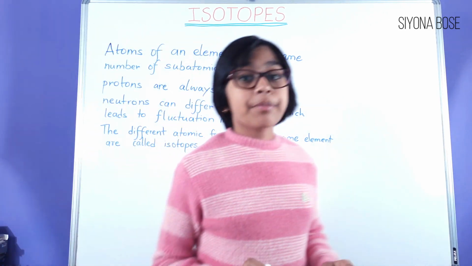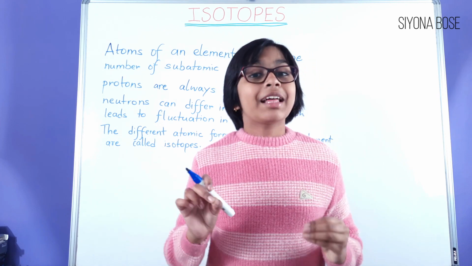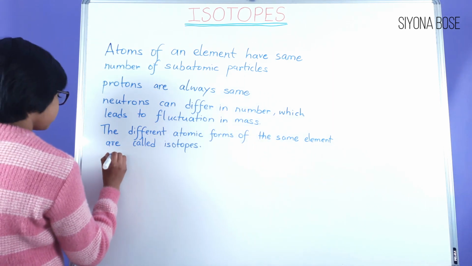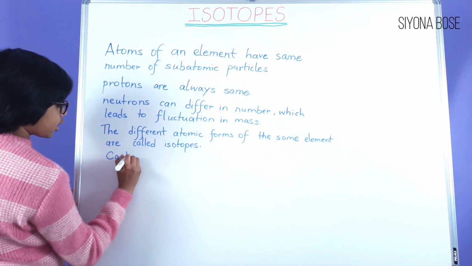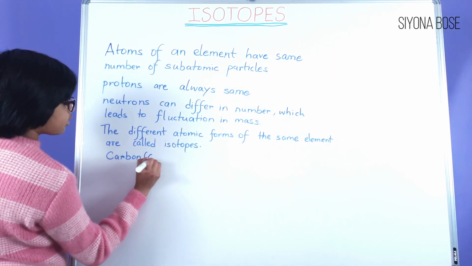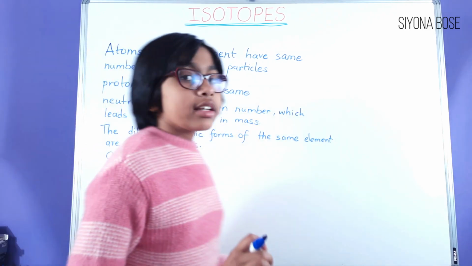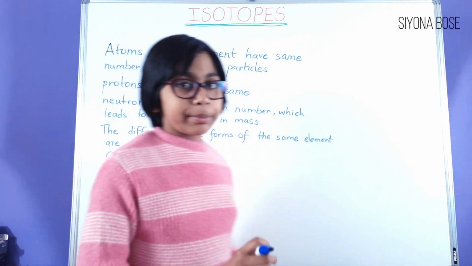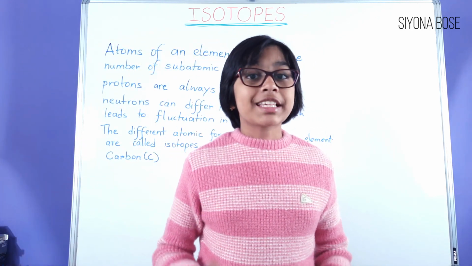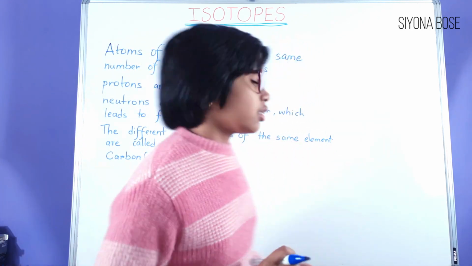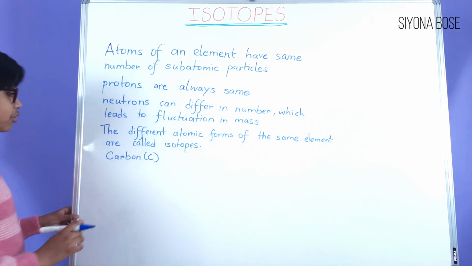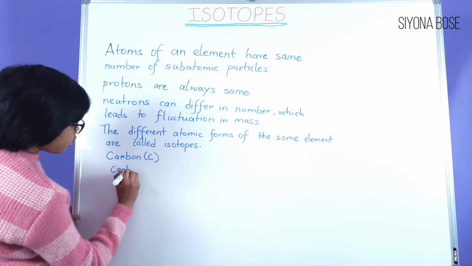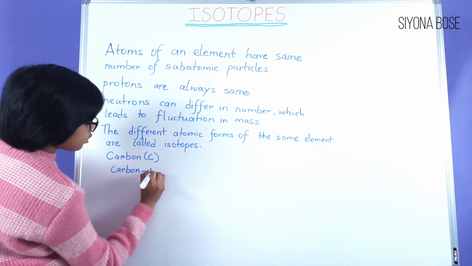Now we need an example to make this concept clear. We will take the example of carbon, C. There are three isotopes of carbon. The most common one, which makes up 99% of the naturally found carbon, is carbon 12.